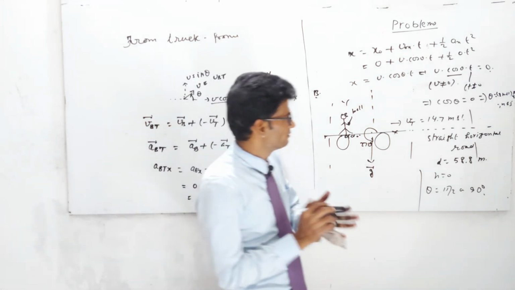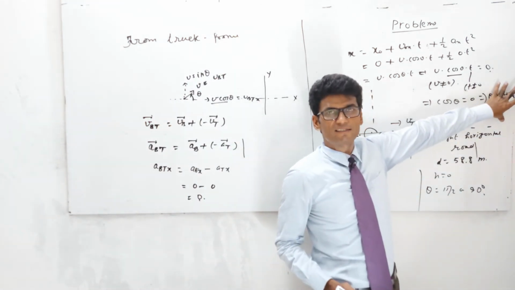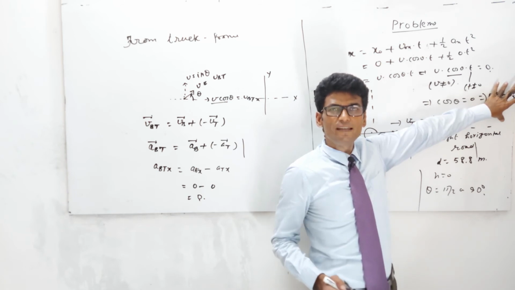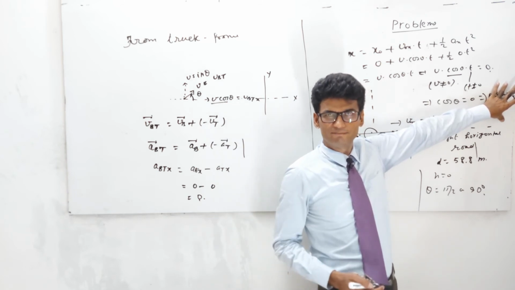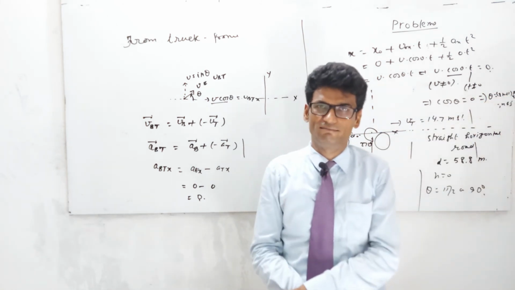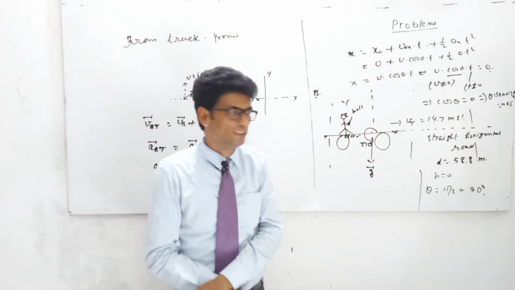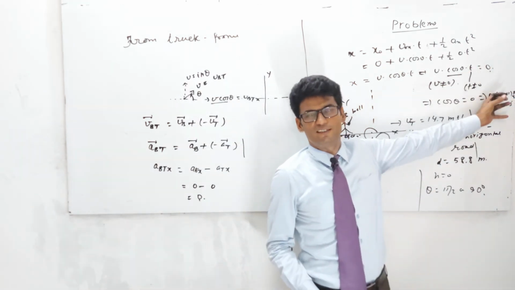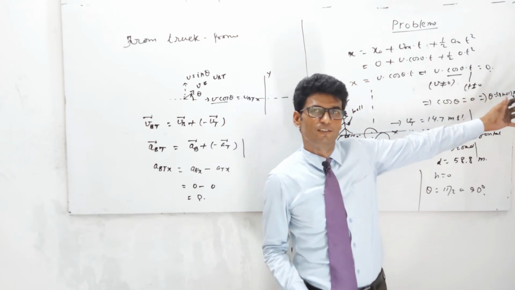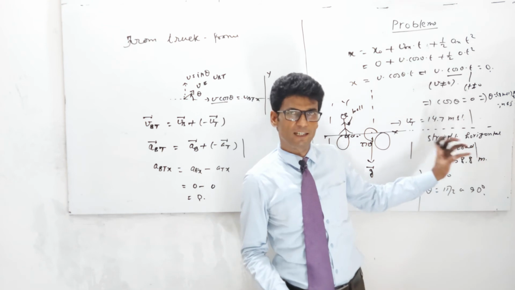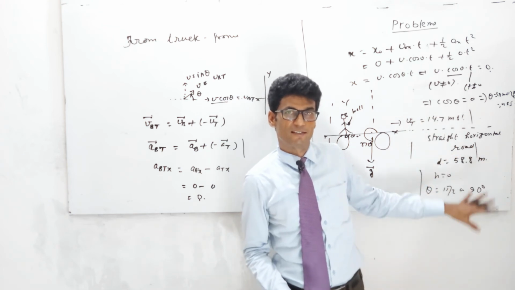So look at here, this came from mathematics. One may say that mathematics is an ocean and physics is a glass of water, because there are a lot of solutions for which cos theta is equal to 0. But look, only one of the solutions in this particular physical situation is acceptable.